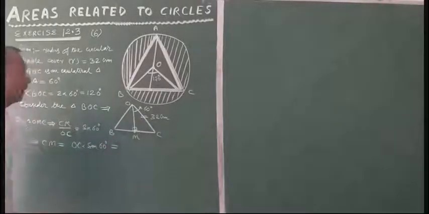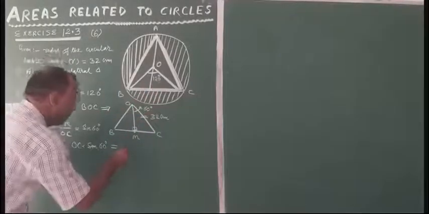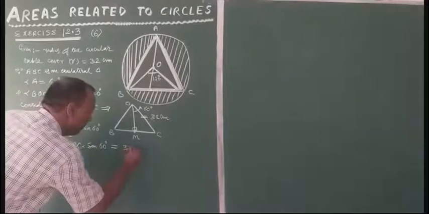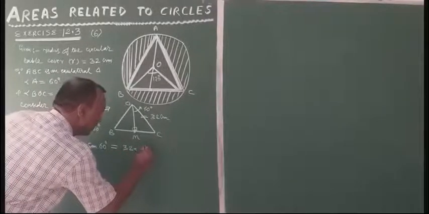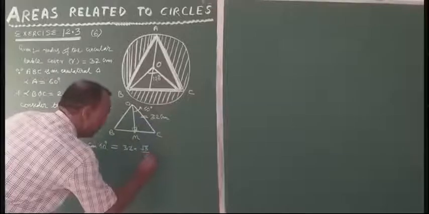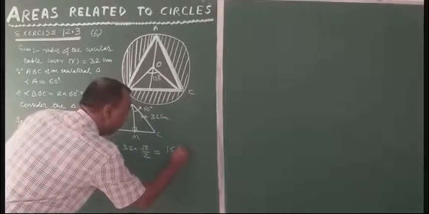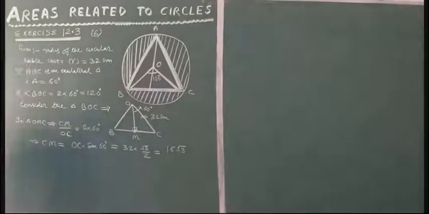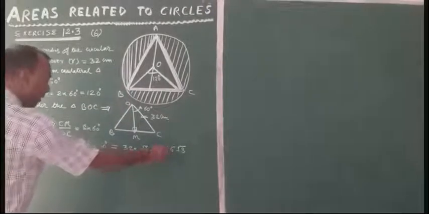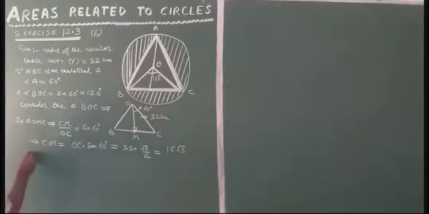OC, again this is the radius, so this will be 32 into sine 60, and sine 60 is root 3 upon 2, which is 16 root 3. So the length of CM is 16 root 3.